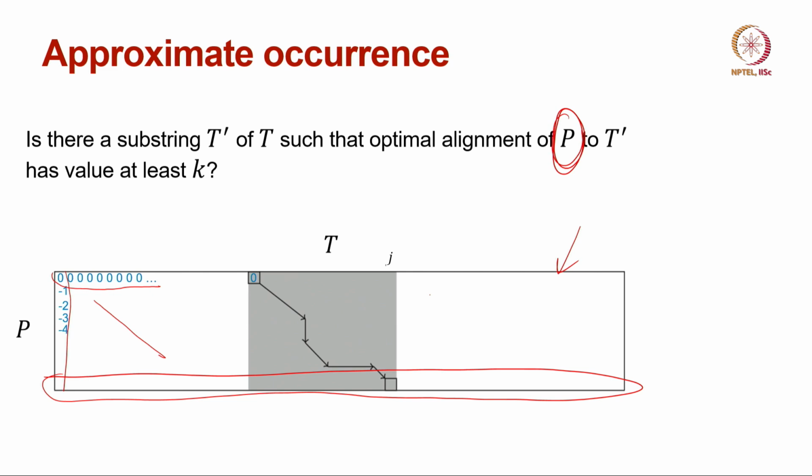If we find any location where the value is at least k, then we know that there is an approximate occurrence of this pattern in the text where the global alignment score is at least k. So, suppose this value is k plus 1, then I know that there is a substring that ends at j which has an alignment score with the pattern exceeding k.